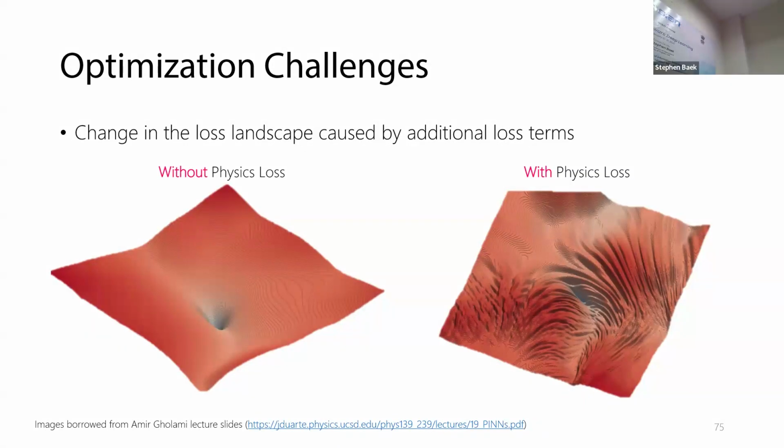This is a graphical visualization of the loss function, the mountain that we're climbing, or the reverse image of the mountain that we're climbing down. The moment we add physics laws, we start to have lots of wrinkles. And in terms of the gradient descent solver, if you have lots of wrinkles, it is inherently more difficult to optimize.